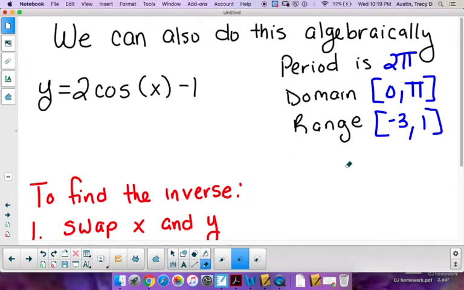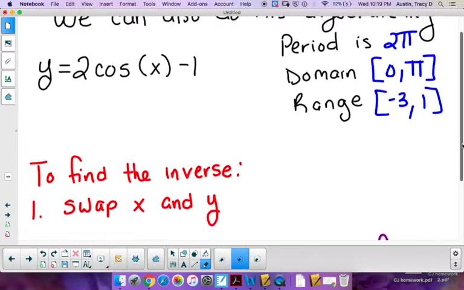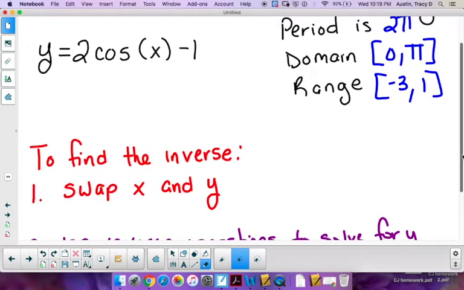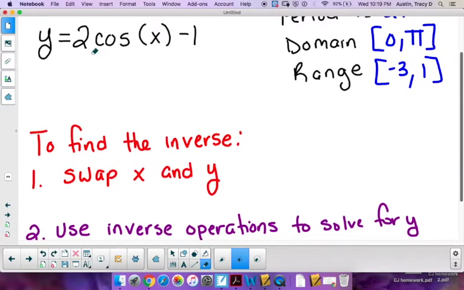So we know what the domain and the range of the inverse is going to be. Let's see if we can write it, instead of having to graph it. So there's our original function. The first step to finding an inverse is to swap x and y. We literally take that x and take that y and make them trade places.